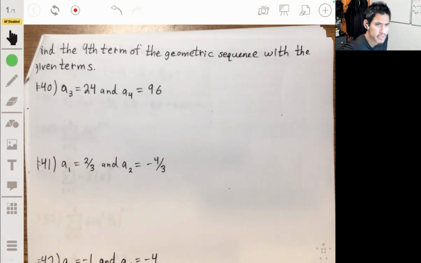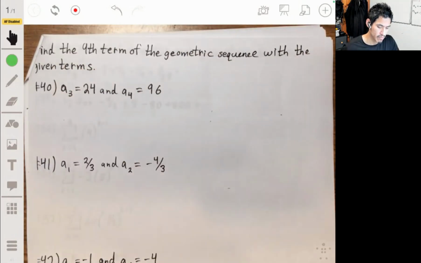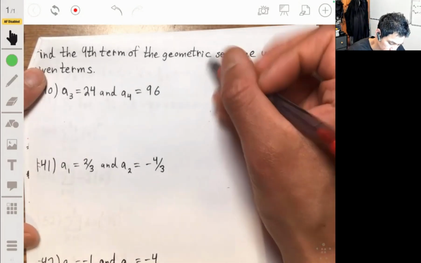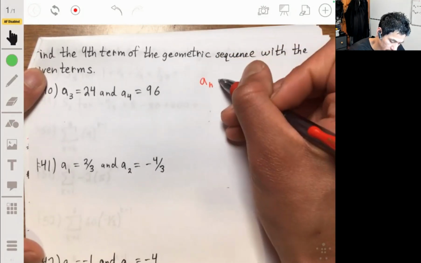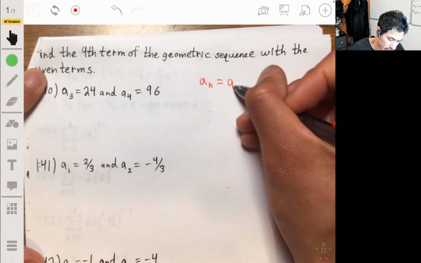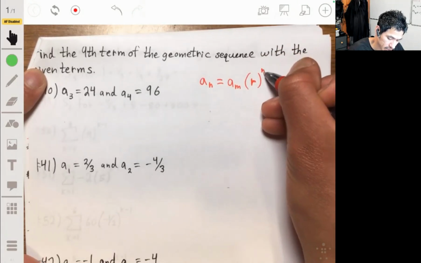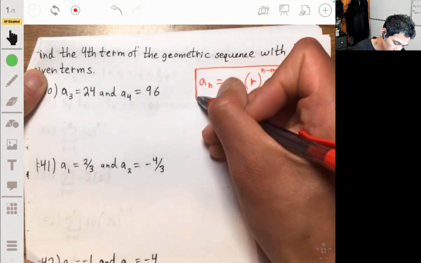Okay, now we're looking at geometric sequences where we're given 2 terms only, and we have to find the 9th term. This is where my other equation for the nth term, where we have an equal to am times r to the n minus m power, becomes useful.